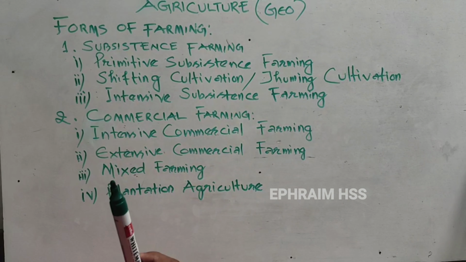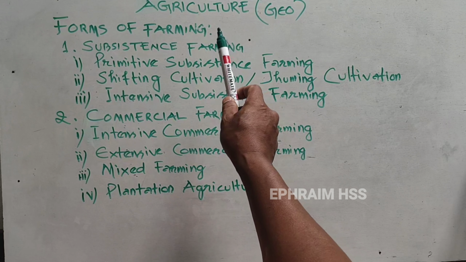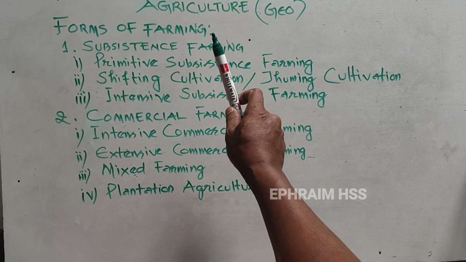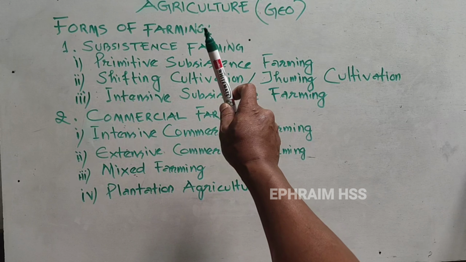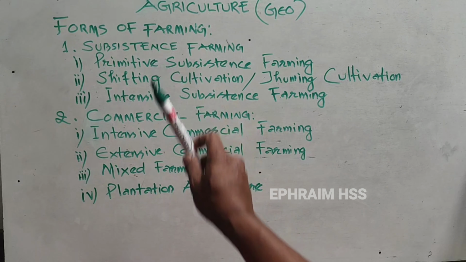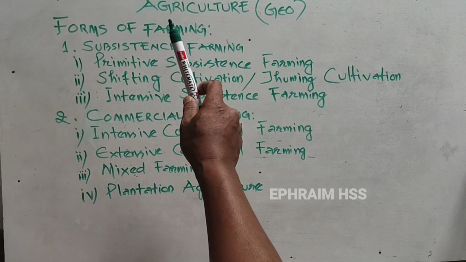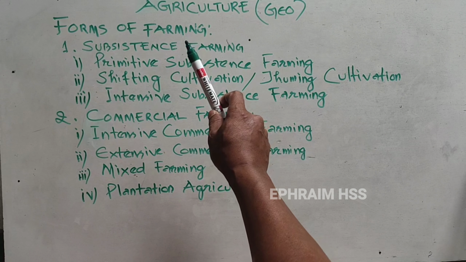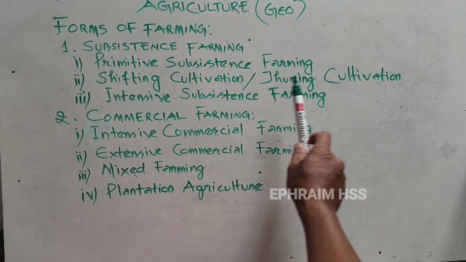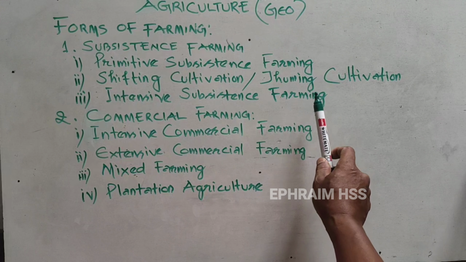In these types of farming, the farms are small and scattered, and the farmer uses all agricultural implements or tools to grow a variety of crops depending on his needs. There are three types of subsistence farming, and that is primitive subsistence farming, shifting cultivation or jhumming cultivation, and intensive subsistence farming.